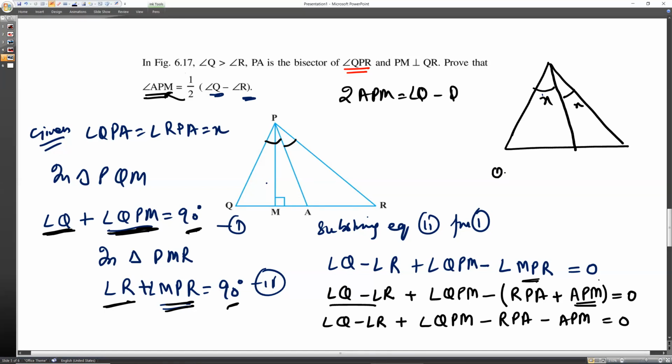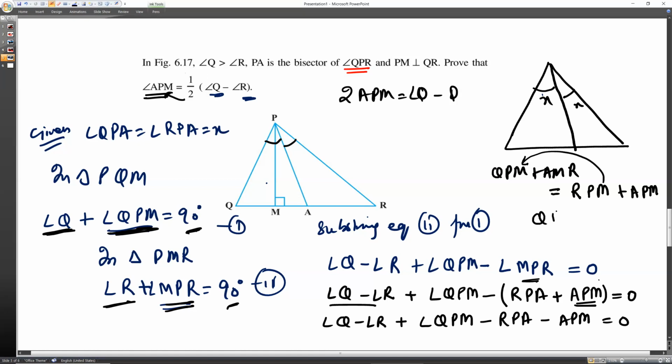So it is being given to you QPM plus AMR is equal to RPA plus APM, sorry, APM. So this one goes to that side.